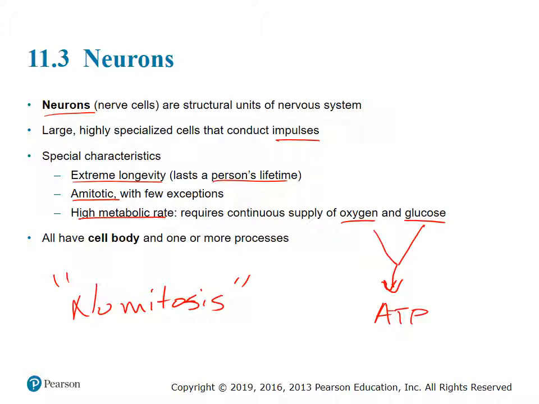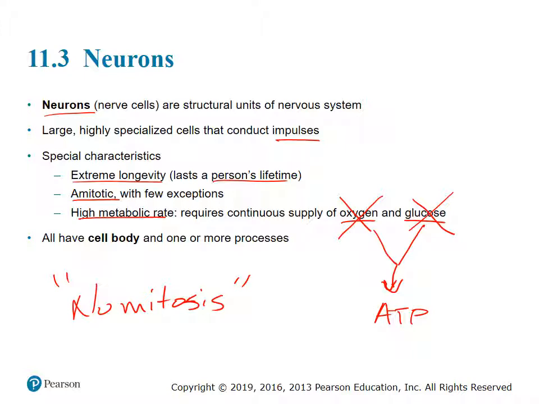Okay. This is also really important to understand, because if you take away oxygen, or don't have enough glucose, then the first thing that's going to happen is that your brain is going to tell you it needs oxygen and glucose, or the neurons are telling the rest of the body that they need oxygen and glucose.